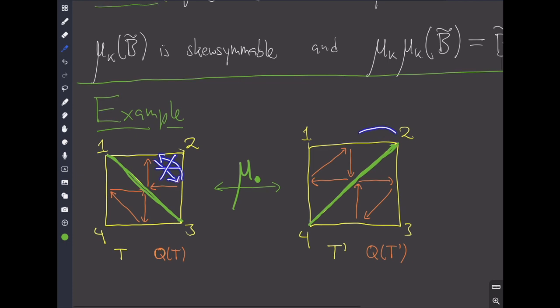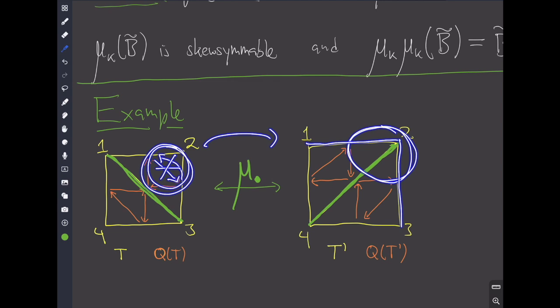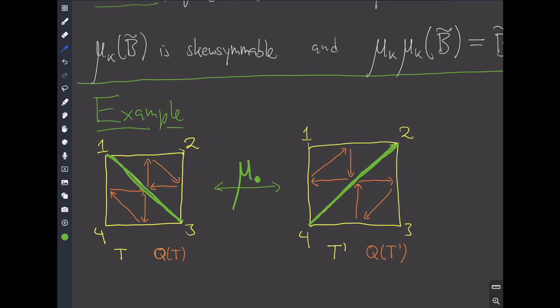And you see here precisely there are no arrows between this side and this side, and that's coherent with the fact that the 2-cycle here gets removed in the mutation. And for instance, this arrow has to be reversed.